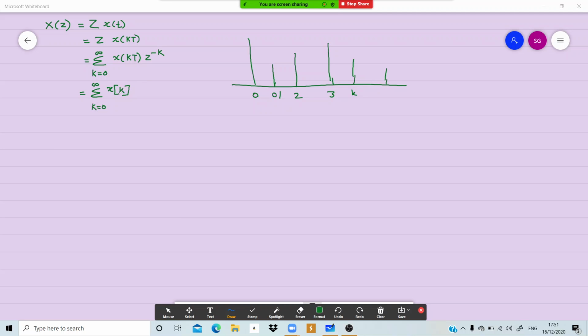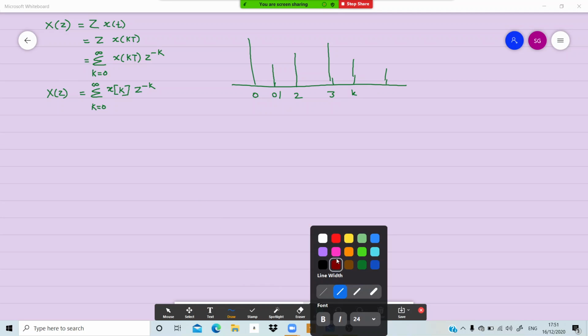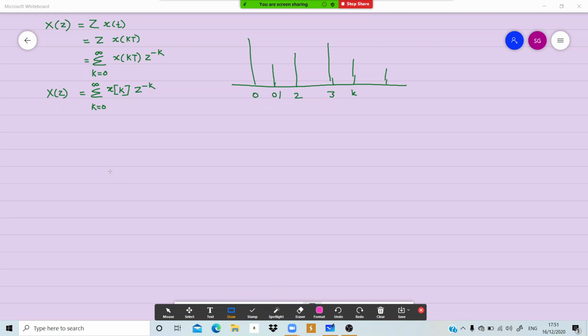Square bracket always means the value at the nth or kth instant. Instead of talking in terms of time, we are talking in terms of instances. Fine, it is one and the same. First instance, second, third, fourth, and what is that instantaneous value, times z raised to minus k. This is your z transform. Again, I'll make a bracket for this, very important, and we are going to follow this format.